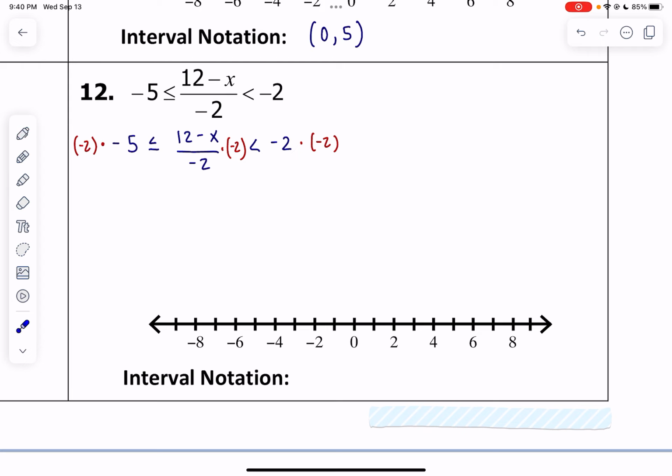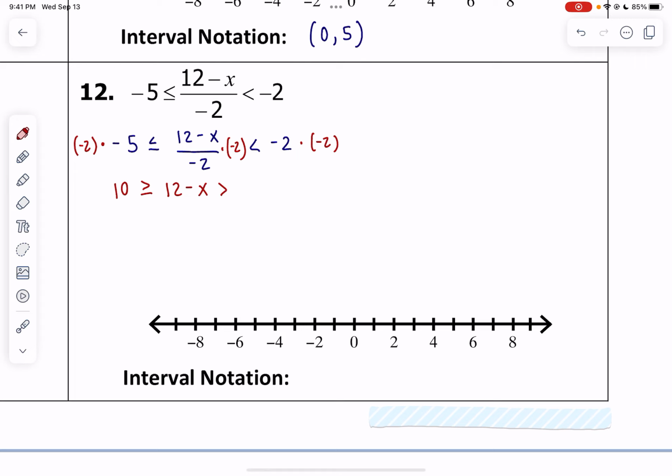And please remember that they're being multiplied. So here, if we look at this, negative 2 times negative 5 is positive 10. Be real careful here. We're multiplying by a negative, so we have to switch the symbols. So it would be greater than or equal to 12 minus x.